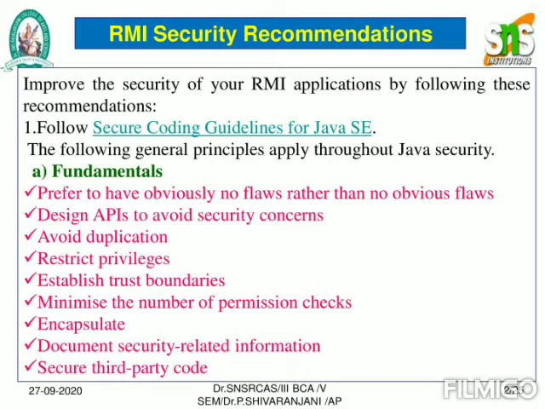Then you have to design your API to avoid security concerns. Then you have to avoid duplication, restrict privileges, establish trust boundaries, minimize the number of permission checks, encapsulate, document security-related information specific to the code, and treat third-party code as a security threat. So this is the fundamental thing you have to keep in mind.